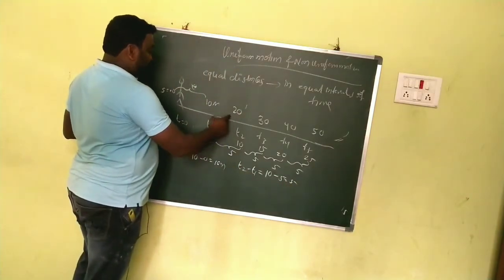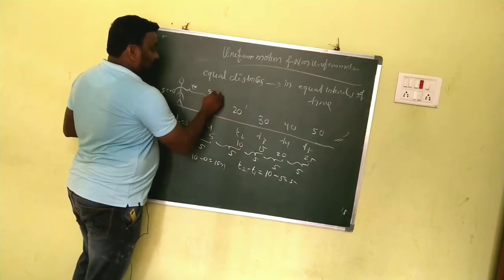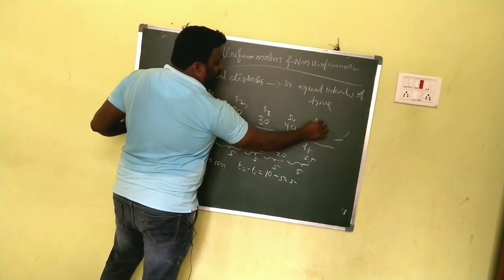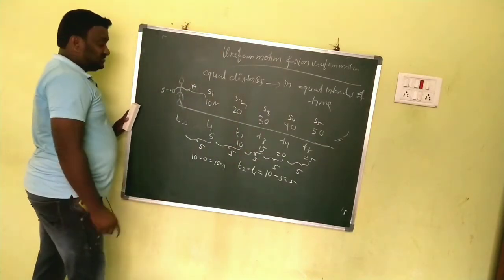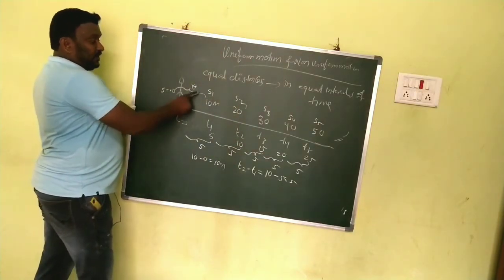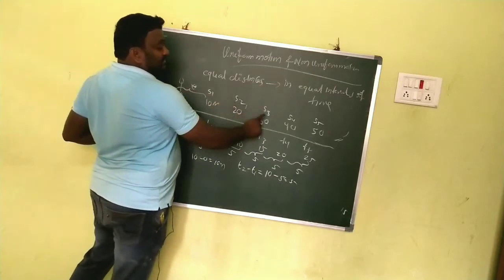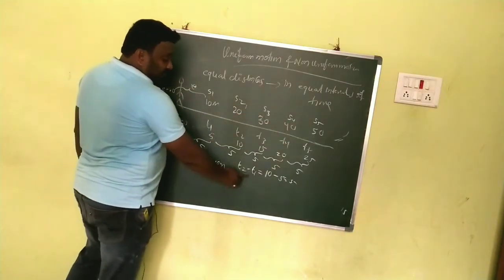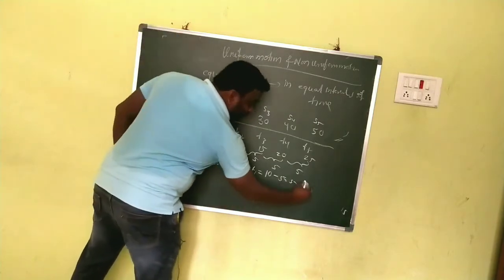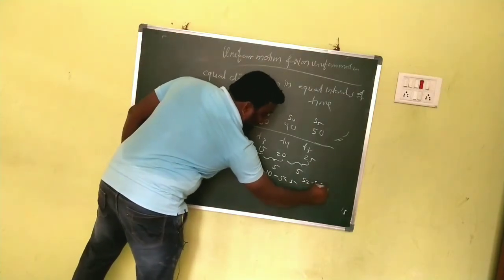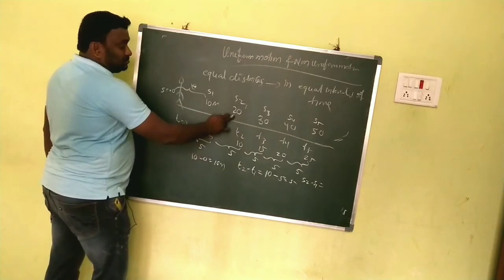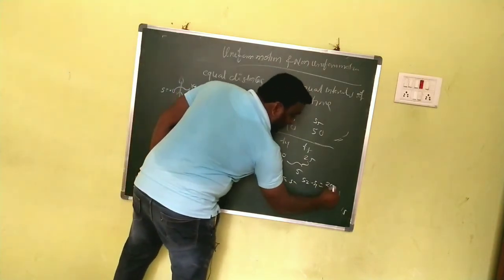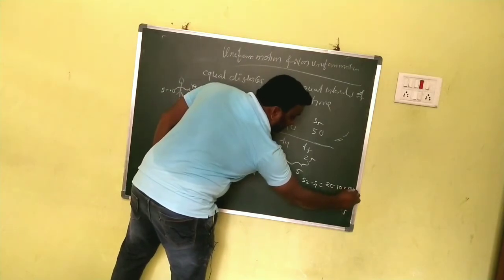Here we have S, S1, S2, S3, S4, S5. I am giving values like that. S is 0. Now these are S1, S2, S3, S4, S5. Clear? When t2 minus t1 is 5 seconds, we go for S2 minus S1. S2 is 20, S1 is 10. 20 minus 10 is 10 meters.